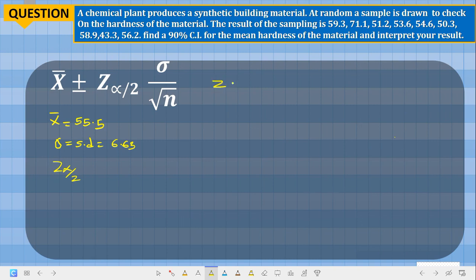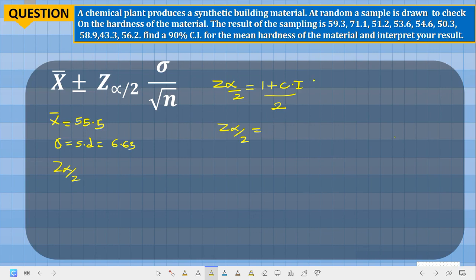Z alpha over 2 can be calculated by 1 plus your confidence interval divided by 2. This is the formula for calculating it. So Z alpha over 2 is equal to 1 plus the confidence interval over 2.